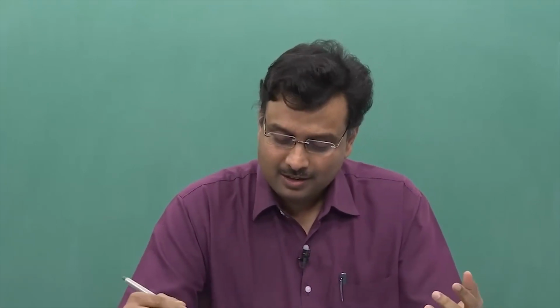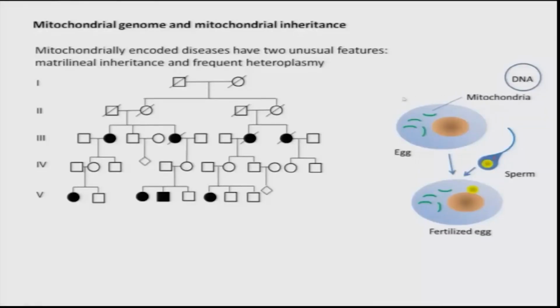The reason being, you have a cell, the egg, which is yet to be fertilized, and it carries the mitochondria, which carry the mitochondrial DNA, which is circular and has certain genes which are transcribed and make proteins required for mitochondrial function.